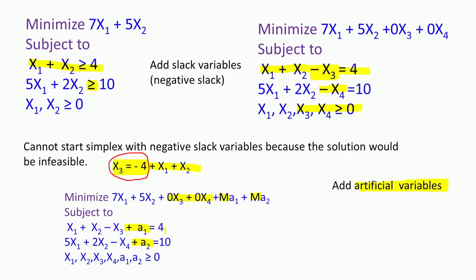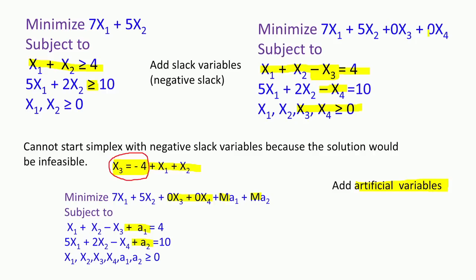At the same time, I am giving a very large positive value to the objective function so that A1 and A2 do not come in the solution. So if the original problem has a solution, the same solution will come, and solutions involving A1 and A2 will not come because they would have higher objective function values, and I am trying to minimize. So with this, let us go and set up the simplex table.